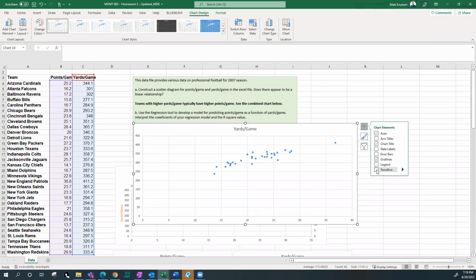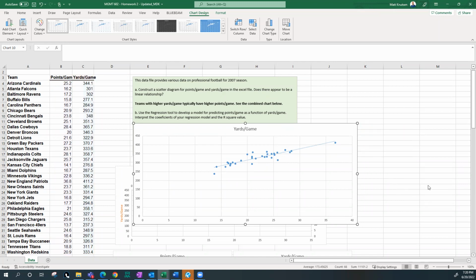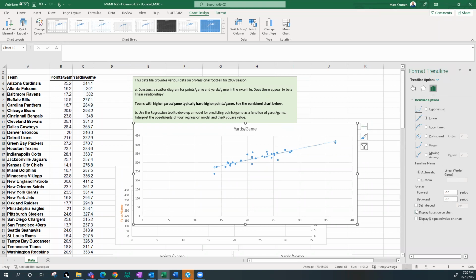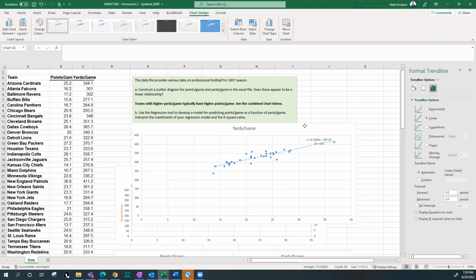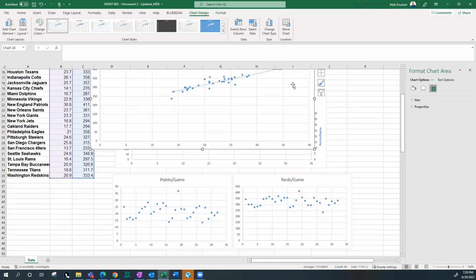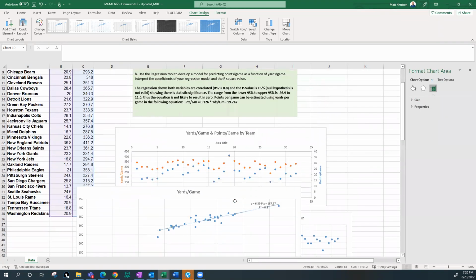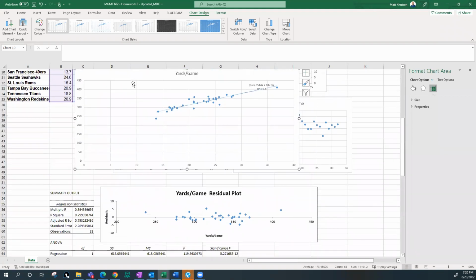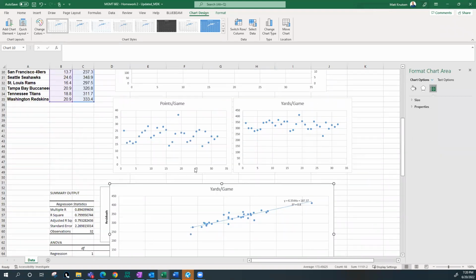So you go to trend line, more options, and then display equation, and then display R squared. Yep. So you did this. And then I guess the question is, does this match the equation?